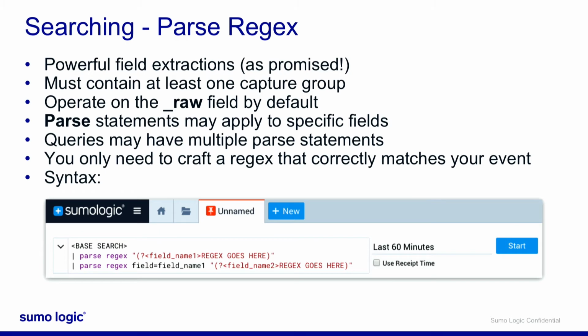By default, it operates on the raw field, which is the raw event, unless you say you want to operate on a specific field. Then you can put a regex over field name 1 and call it a new thing. And as I said before, you only need to craft a regex that is specific enough to identify exactly what you're interested in.